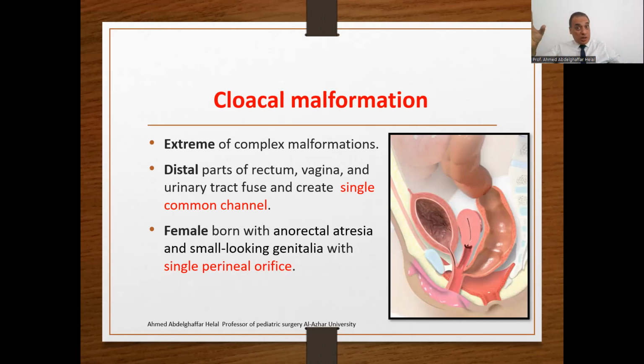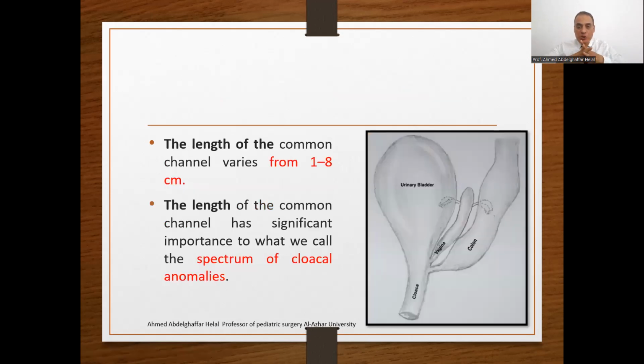It is a challenging job for the pediatric surgeon to separate these three structures and create the normal three openings. As we see in this image, this is the rectum, the vagina, and the bladder, and all three end in what is called a common channel.